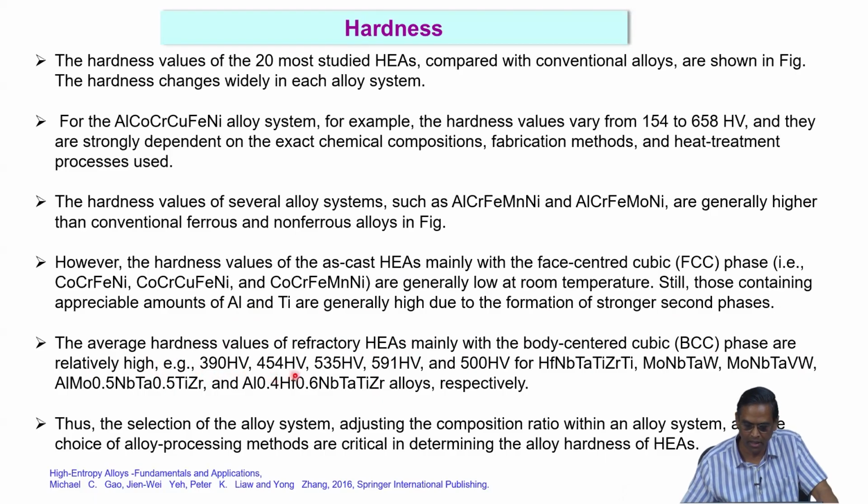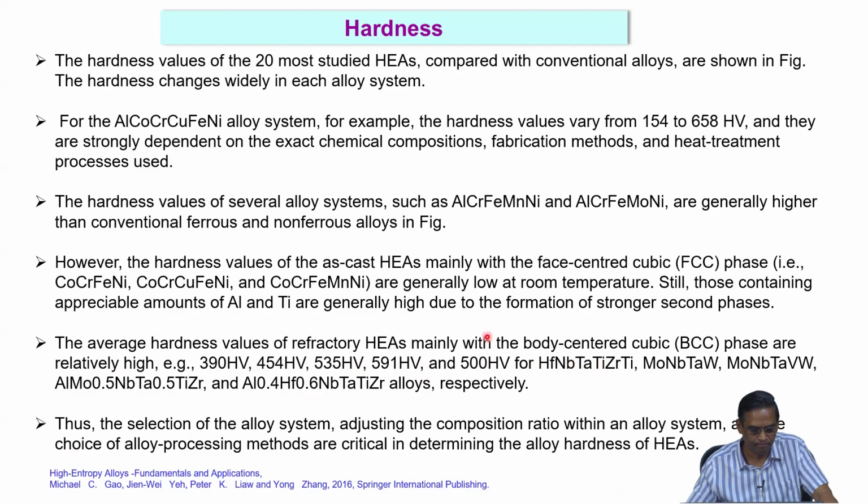You can compare the values: 390 HV, 454 and 535 and so on for BCC high entropy alloys like hafnium, niobium, tantalum, titanium, zirconium, or moly, niobium, tantalum, tungsten, and then moly, niobium, tantalum, vanadium, tungsten, and of course you can have variations of this with niobium and titanium added in these alloys, which also alters the hardness.